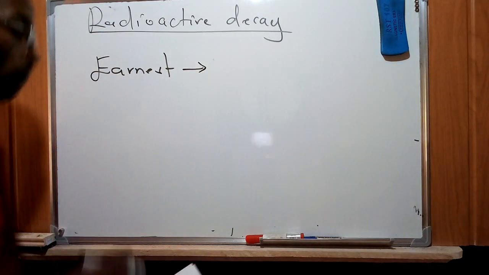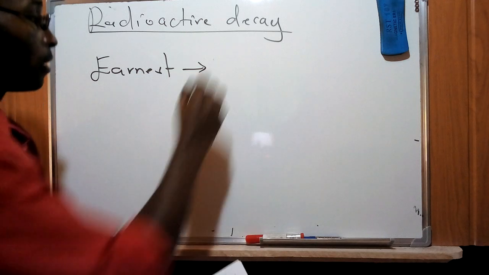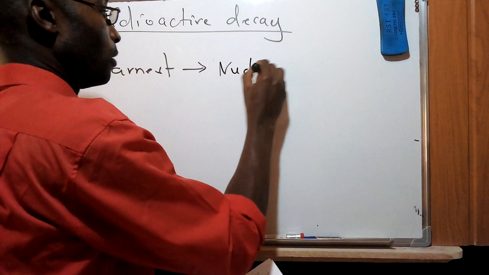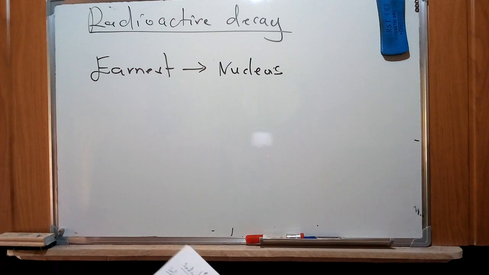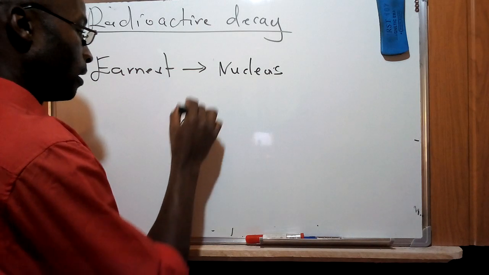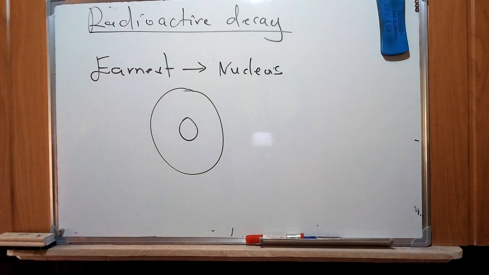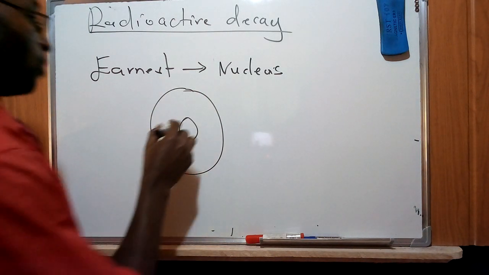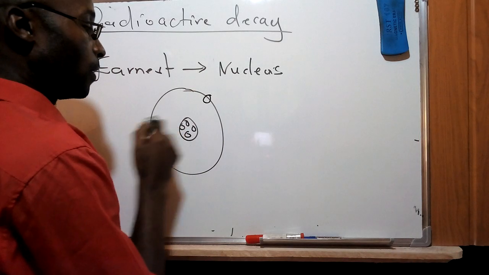And of course, the work trying to figure out the characteristics of the nucleus, and Ernest Rutherford's contribution, played a great role in the understanding of the nucleus, in the sense that he was able to figure out that the plum pudding model, which was proposed by Thomson, was not actually the case for the structure of an atom.